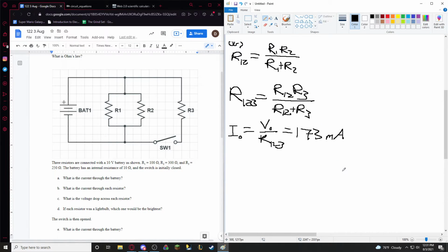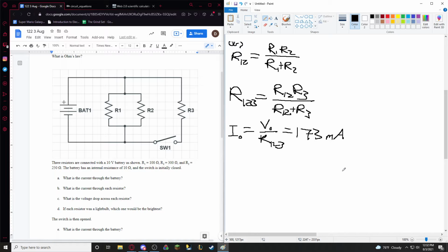Okay. So now, how do we find the current and the voltage across each resistor? The current between each resistor.